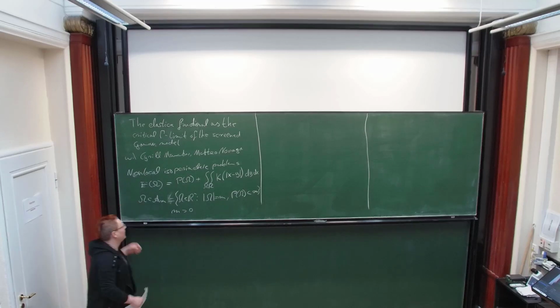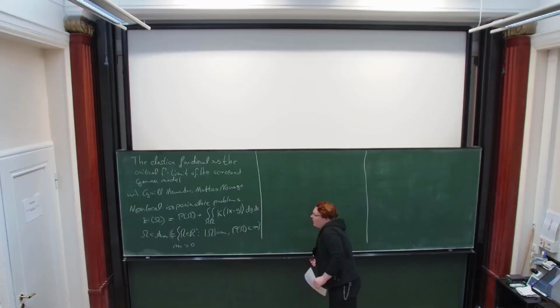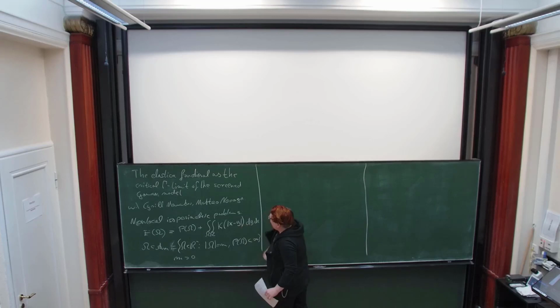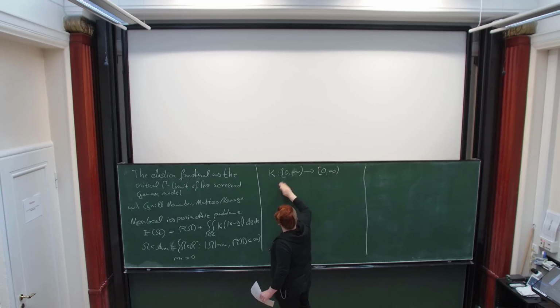You can also think of it as resulting from surface tension on a fluid. And the other term is that typically these kernels map 0 to infinity into 0 to infinity, and generally they are decreasing.